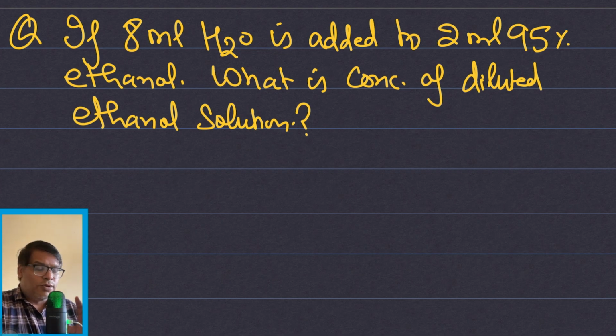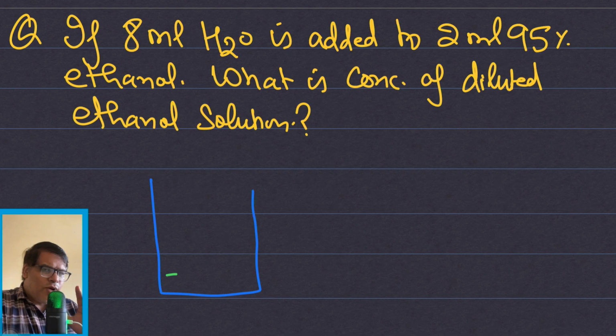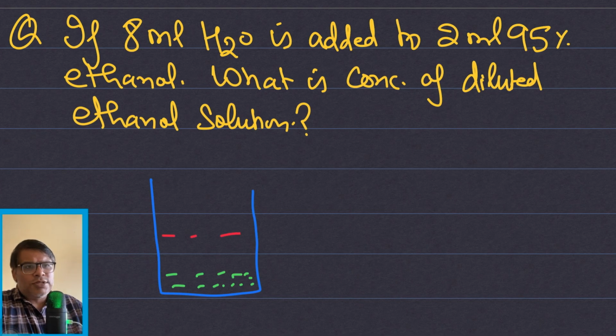Now here also we are going to use the same relation, C1 V1 is equal to C2 V2. Here you have to think clearly. Initially you have 8 ml water, and into this you are adding 2 ml 95% ethanol.